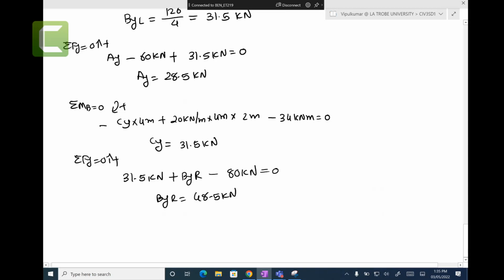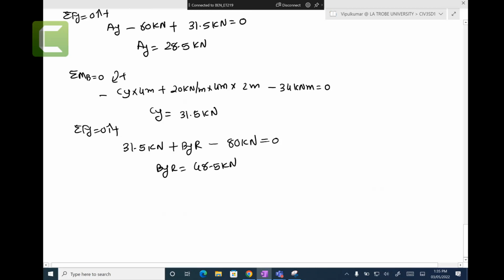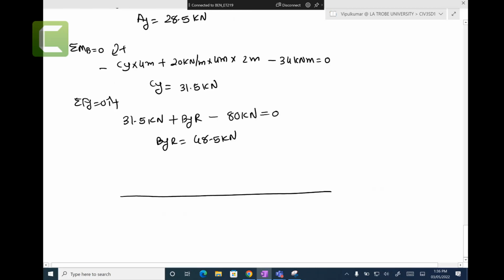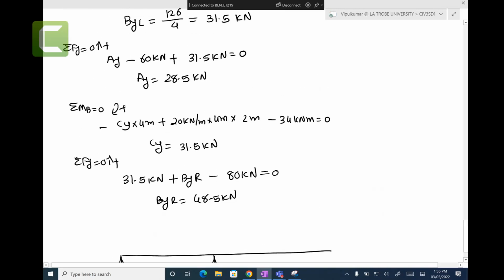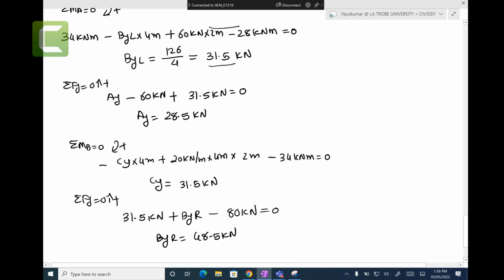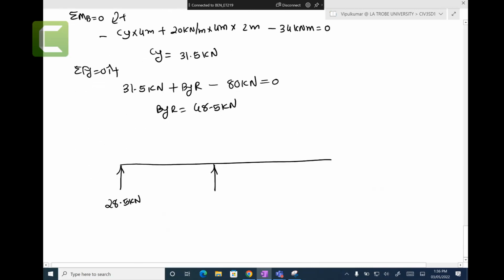So we have got all the values now. AY is 28.5 kilonewtons. BY, we need to sum both the left side and right side, 31.5 plus 48.5. Yes, 80.